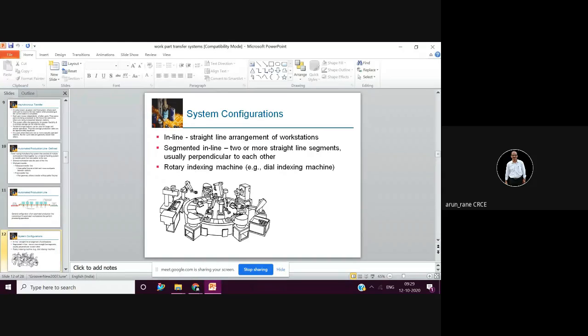So here the advantage is the space. If you have a little space, then you can go for the rotary. Another advantage is, suppose one worker is idle, like say at workstation one. Suppose this is a 10 workstation line, so this is workstation one, 2, 3, 4, 5.